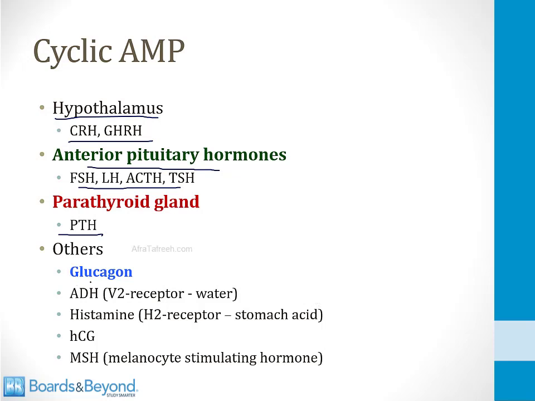This includes cells when they react to glucagon, when they react to ADH through the V2 receptor, which is the receptor that's important for retention of free water in the kidneys. Histamine receptors, the H2 type, which are found in the stomach and are associated with stomach acid secretion, work through cyclic AMP. And then finally, HCG and MSH, which is melanocyte stimulating hormone. Cells also respond to these two hormones through cyclic AMP second messenger systems.